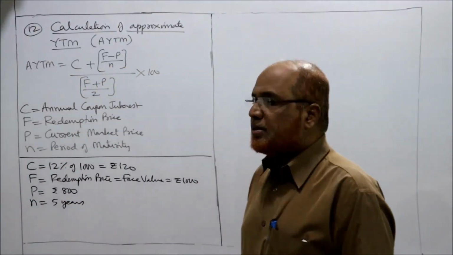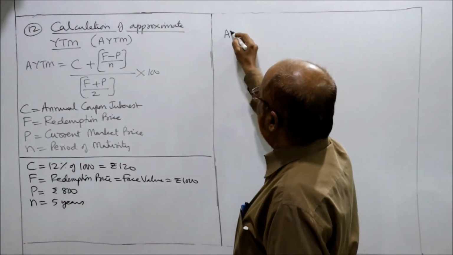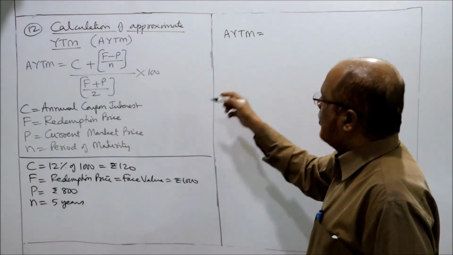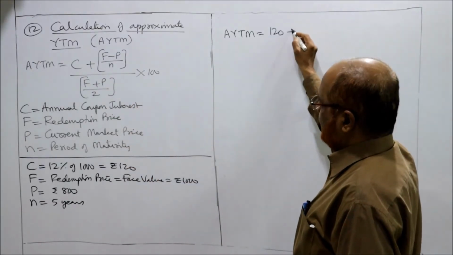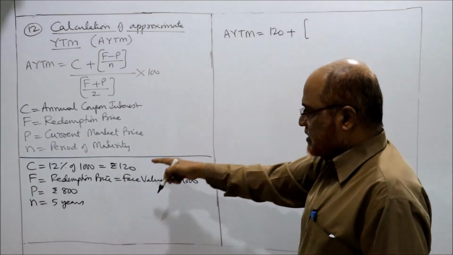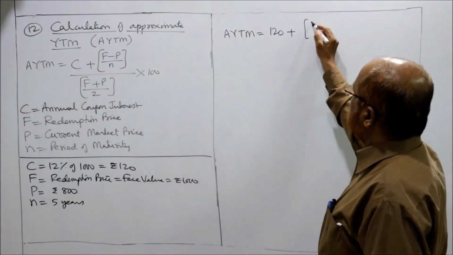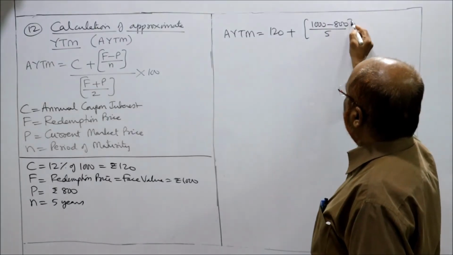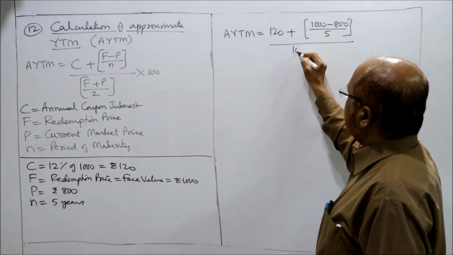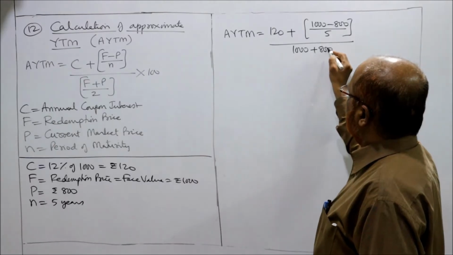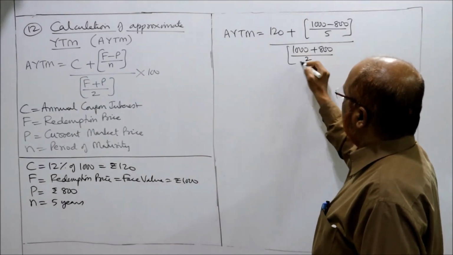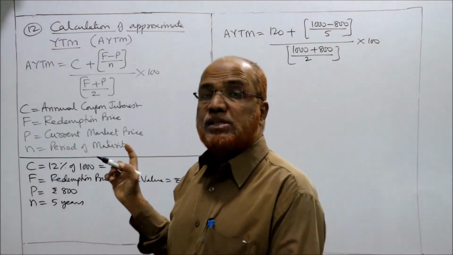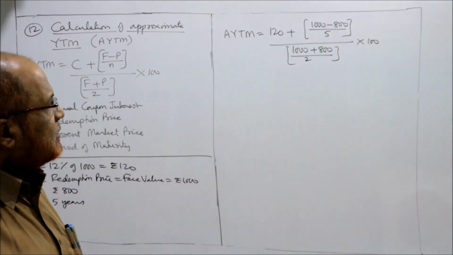That's all. Now simply we substitute. AYTM is equal to C. How much is the annual coupon? 120. Plus F minus P, 1000 minus 800 divided by 5. I am substituting all the values in the given formula, right?